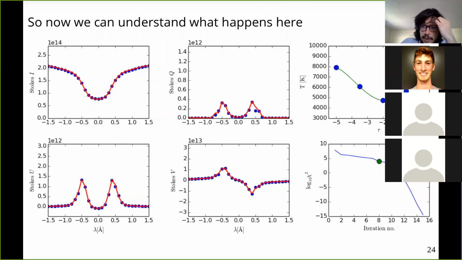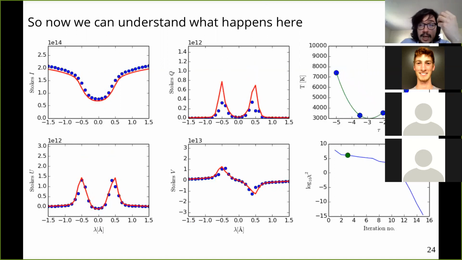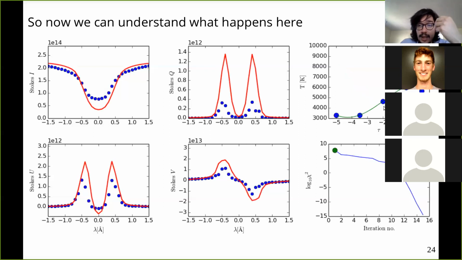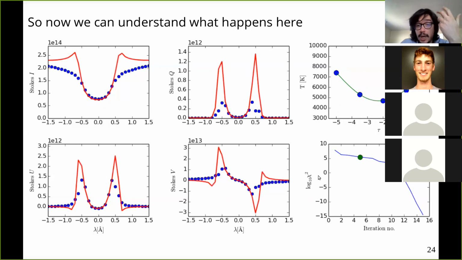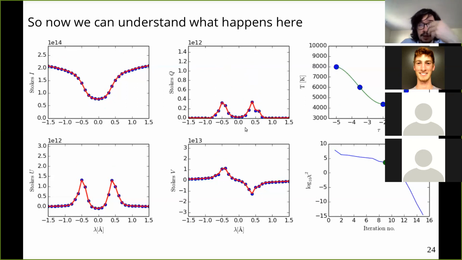Even though the temperature stratification here might have 50, 100, or 500 points, the only variables actually being changed are the blue points, the nodes, and the green line in between is forced to follow the stratification of these nodes. On the bottom right, you see the chi-square, the measure of agreement between the blue points and the red line, decreasing with the number of iterations as we get a better and better fit.